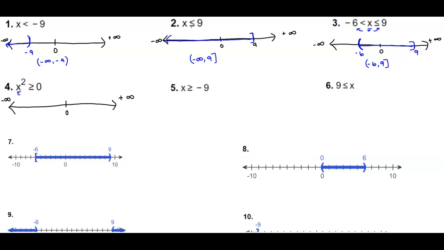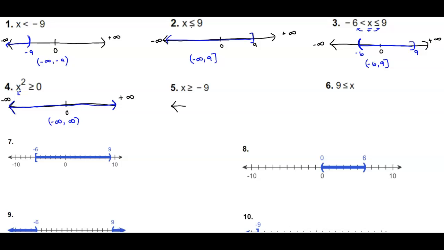Well, any number I can pick. If I pick a negative value and I square it, it's going to make it positive. If I pick 0, it's going to make it equal to 0. And if I pick a positive number, it's still going to be greater than. So that means this is all real numbers. So I'm graphing this entire thing, and the interval notation is going to go from -infinity to +infinity.